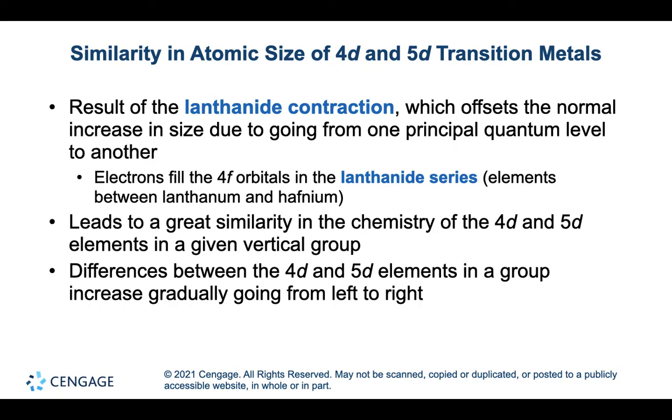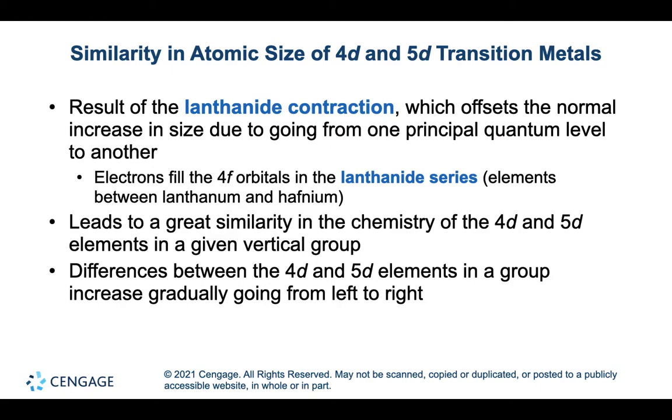Left to right, you see a decrease in size. So because the sixth row has 14 extra additions of protons to the nucleus before the 5D electrons get added, and that's not something you see in the fifth row.